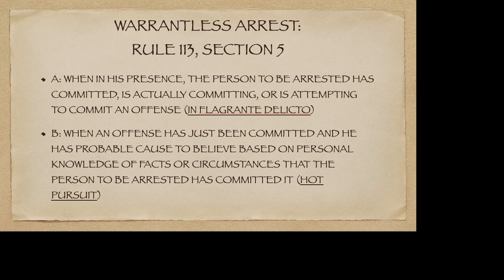Again, I want to emphasize, not necessarily in the presence of the police officers. So the first type of warrantless arrest is when the person to be arrested has committed, is actually committing, or is attempting to commit an offense. That's the meaning of in flagrante delicto.